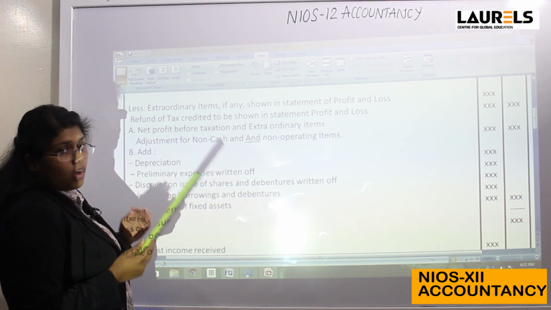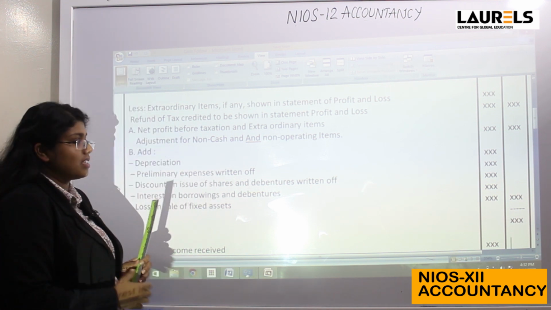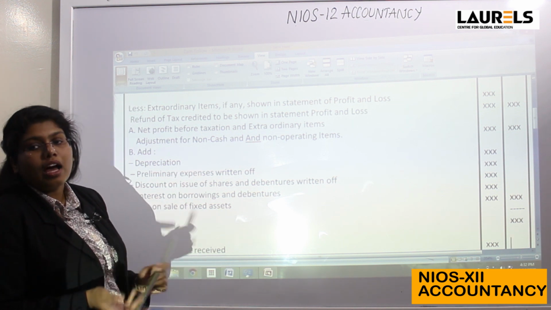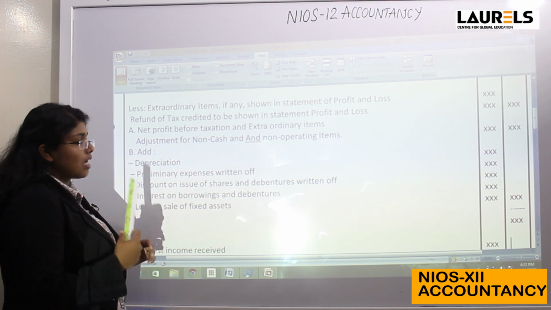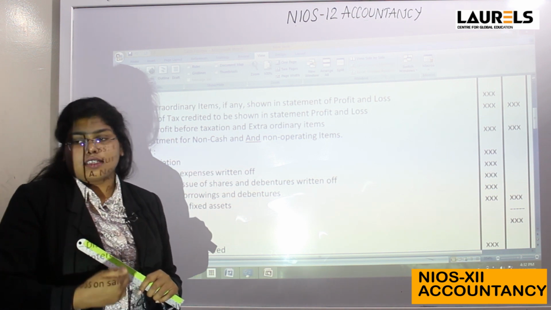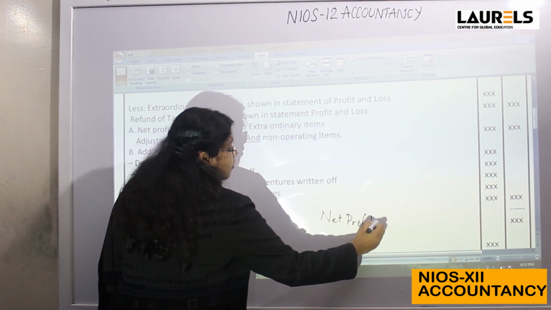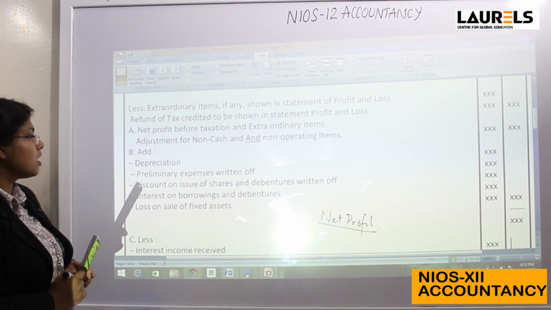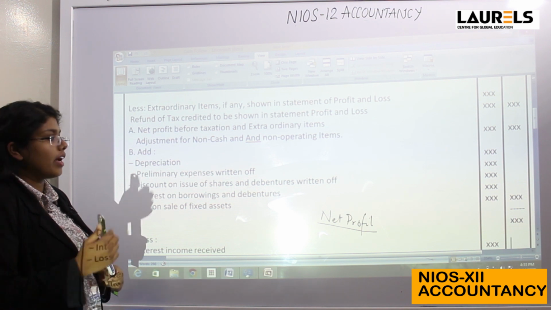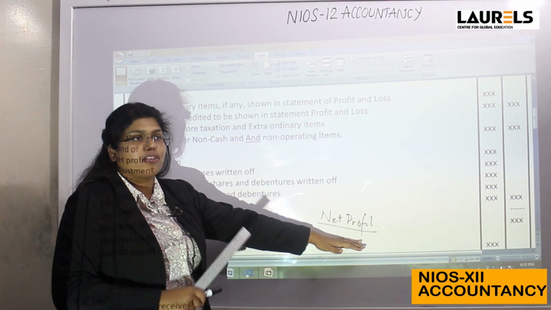In the profit and loss account, all those non-cash items that you have deducted to arrive at your net profit, you add back, and all those items that you have added to come to your net profit, you minus. That gives net profit before our non-cash items were added or deducted. So we are trying to reverse the effect. All the items that were minus to get the net profit, we will add back.